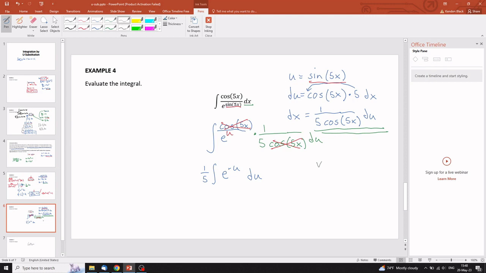And since all we have is e to the negative u, I'm just going to make v negative u. Okay? Because that will make this expression e to the v, and we know how to anti-differentiate e to the v. Now, dv would be negative du, and du would equal negative dv. Okay, let's make those substitutions. We have 1/5 integral e to the v, and then du is negative dv.